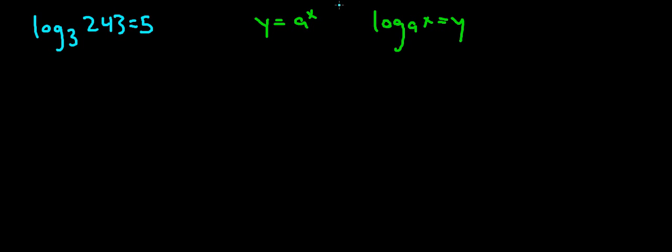The best thing usually to start is with the base. So here I can see it's a base 3. So 3 to what power is equal to 243? That's what this logarithm is saying. 3 to what power is equal to 243? 3 to the power of 5 is equal to 243. That's all there is for that.